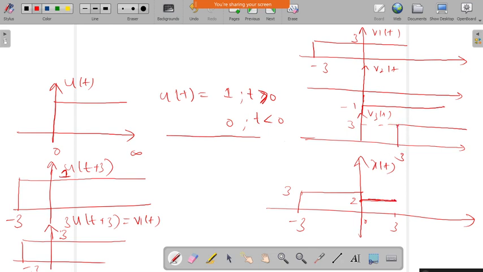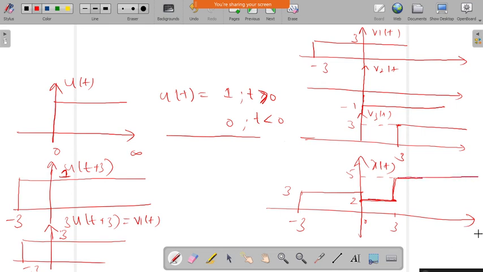Now at 3, this one becomes 3 and this one is 3, 3 plus 3 is 6, and 6 minus 1 is 5. So from 3 the amplitude is 5 and it goes on till infinity.